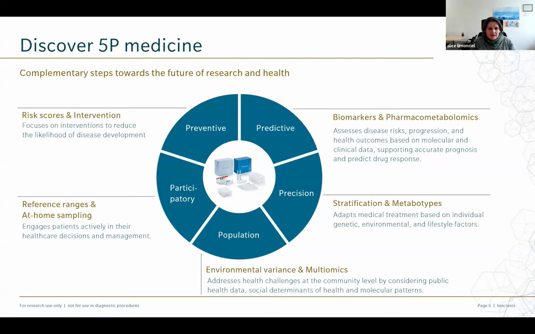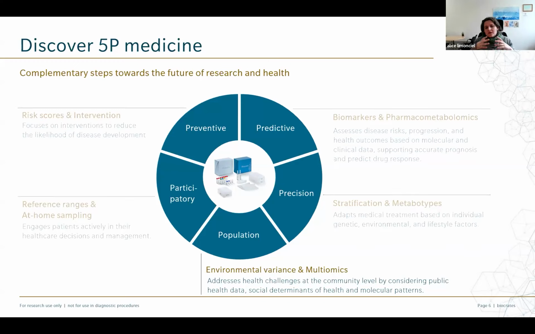And the last P in the 5 Ps here is population-based medicine. And here, this is where I will focus today, because this is where I see the most obvious application of multiomics, although, of course, we've seen a beautiful example in the previous talk.